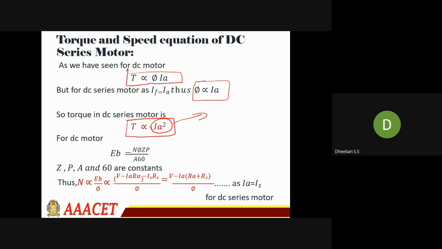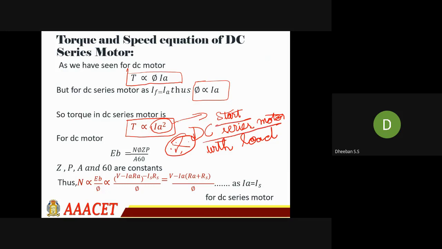You have to start your DC series motor with load. This is a very important criterion. They will be asking in 2 marks frequently why you have to start your DC series motor with load. Because of this IA square parameter.